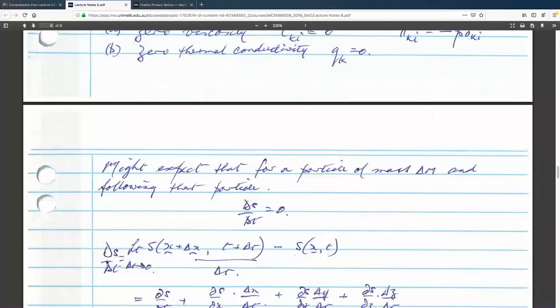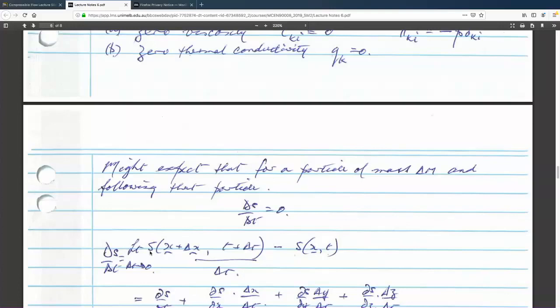So what is ds dt following a particle? I'm just going to use standard differentiation. I'm going to work out ds dt, and that's the special derivative, meaning the derivative following the particle.